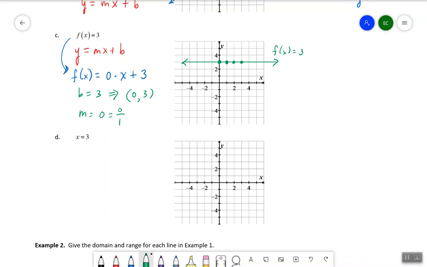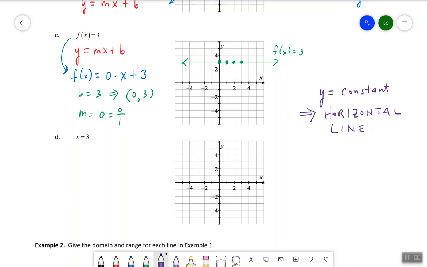Remember, f of x is the same as y. And so in this special case where we have y equals a constant, then that gives us a horizontal line. And it doesn't matter what the value of x is. x can be anything, and y is always 3.